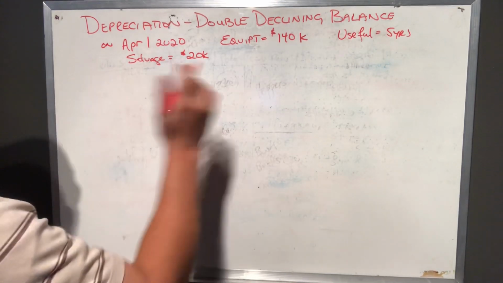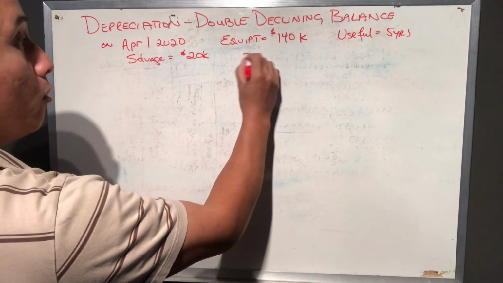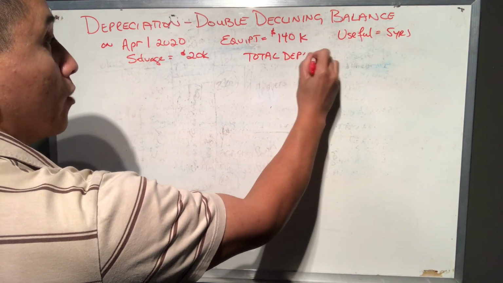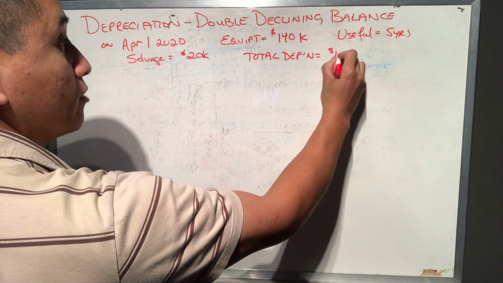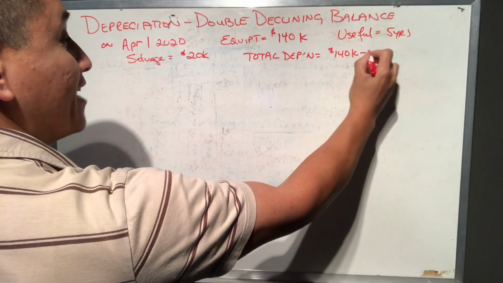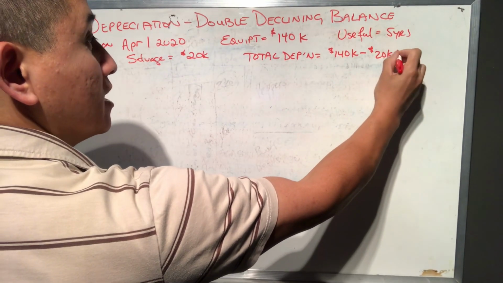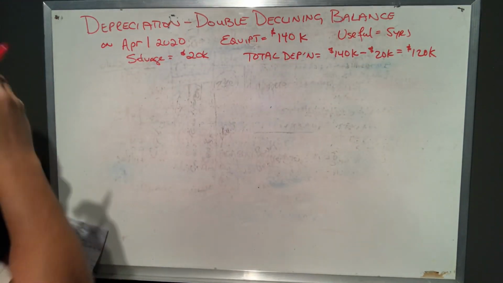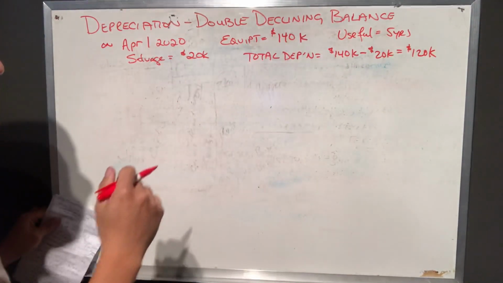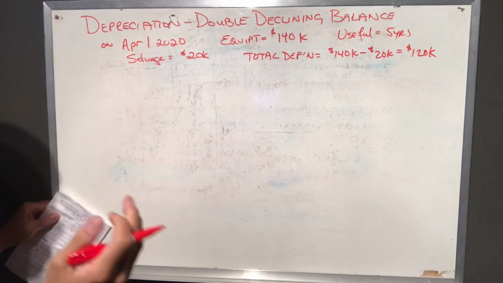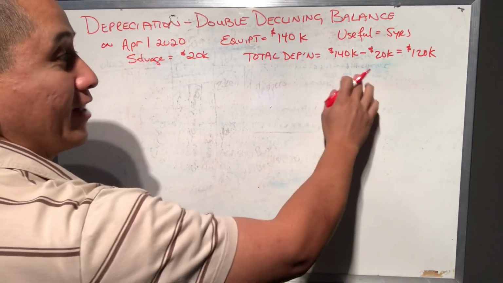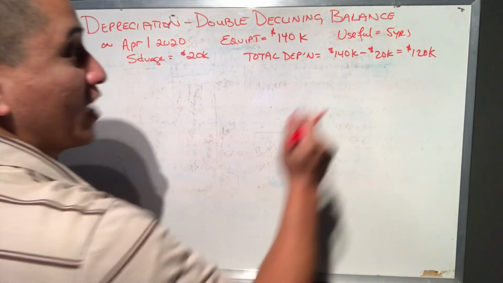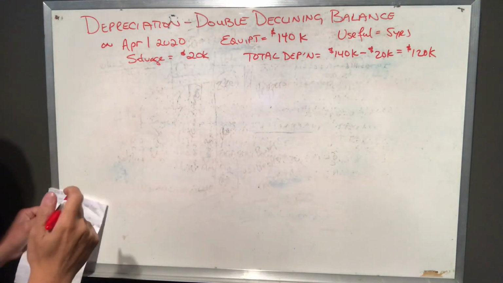Therefore, we know now based on this that the total depreciation is going to give us 140,000 less 20,000, which is equal to 120,000. So when we calculate based on the double declining balance method, at the end we want a total of $120,000 of depreciation.